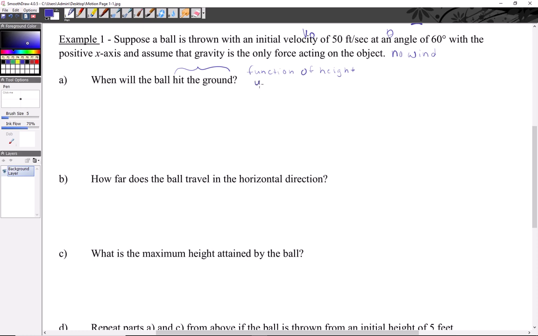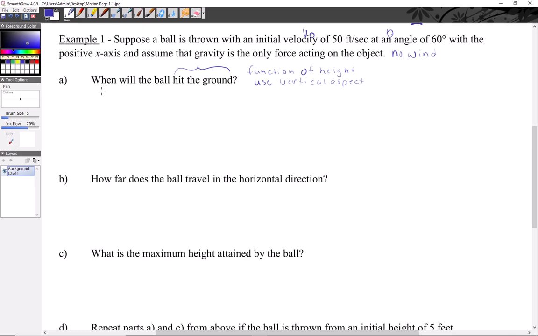So we're going to use the vertical aspect. And the word when is telling us to find time. So that's what we're going to do. We're going to find time, and once we have time, we can use that in order to answer questions on either height or distance, however.